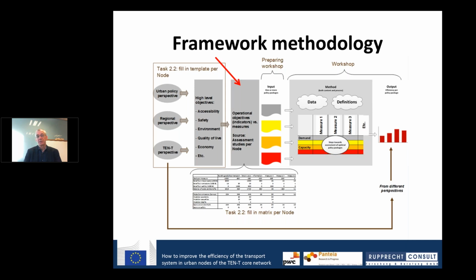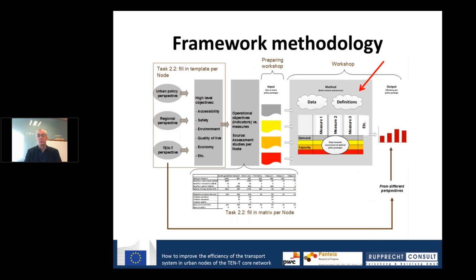After the operational objectives have been defined, one could prepare a workshop and show the inputs to the stakeholders and maybe also ask them to fill in templates that are available in the Excel sheet that I will show you later on.